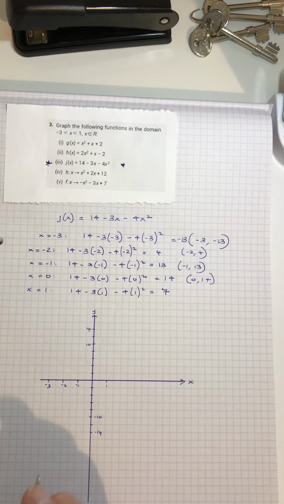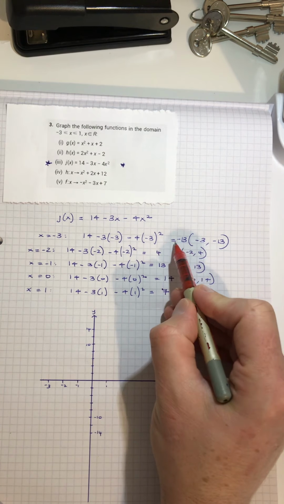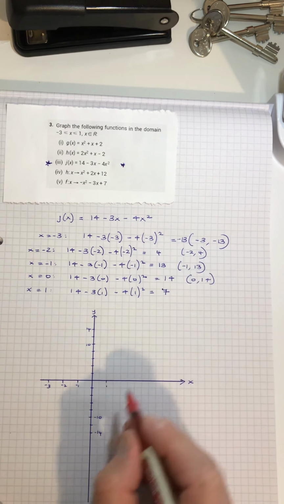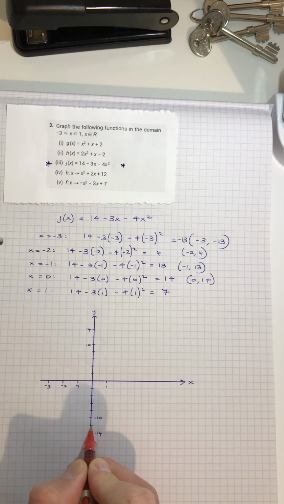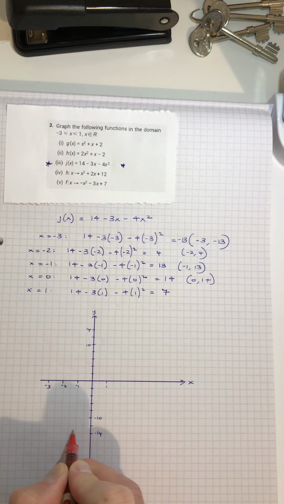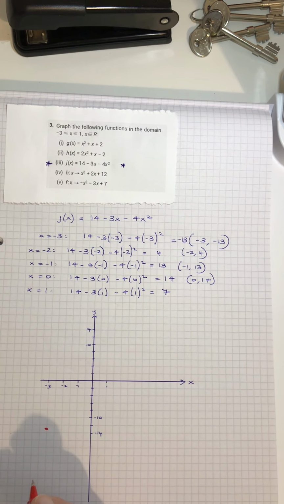Okay? So be careful when you're plotting this one out, because the points are maybe more difficult. So minus 3 goes down to minus 13. So minus 3, minus 10, minus 12, so minus 13 will be somewhere in between. So minus 3, minus 13.